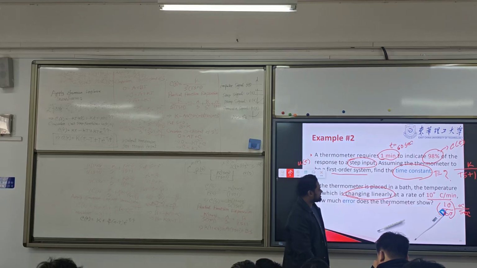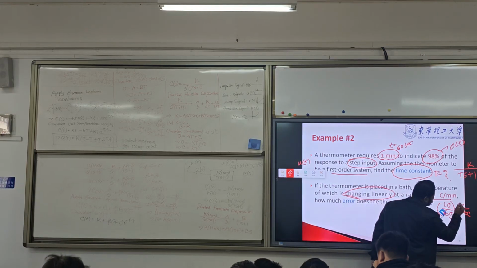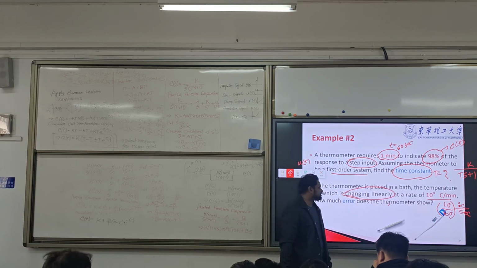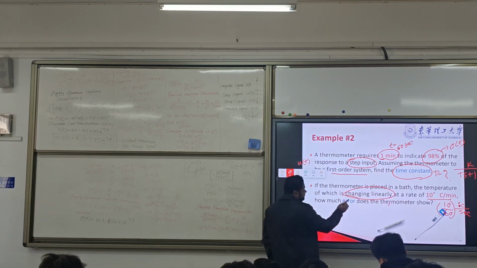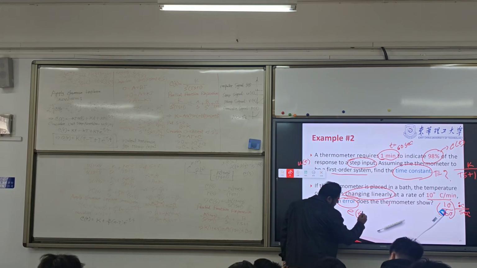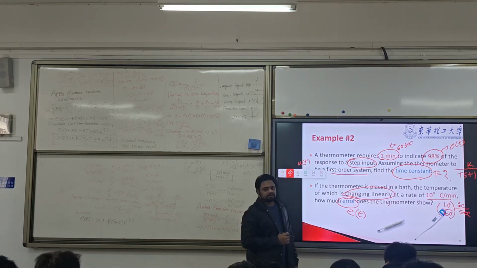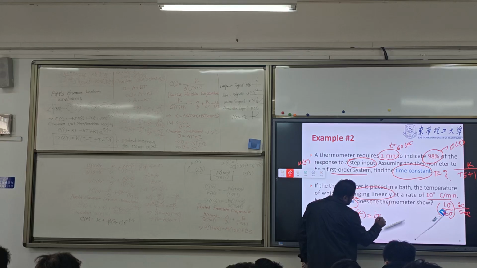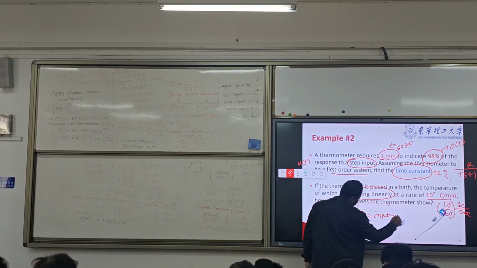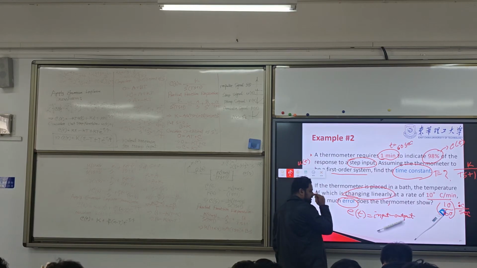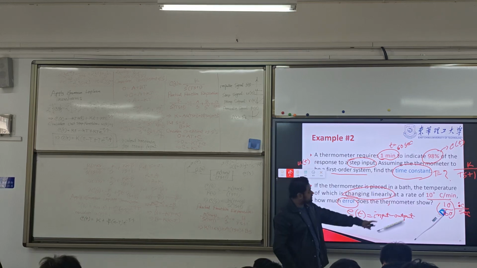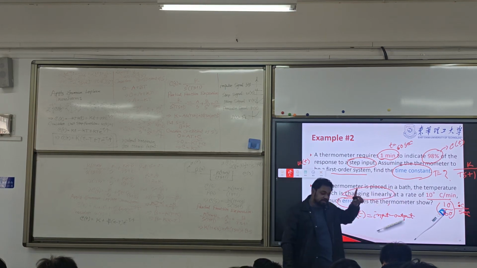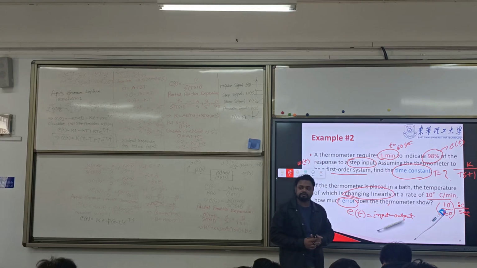Now we need to find the error E. What is an error? Input minus output, or output minus input. So first of all, you need to find this T, the time constant. Second, you need to find E(t), the error.